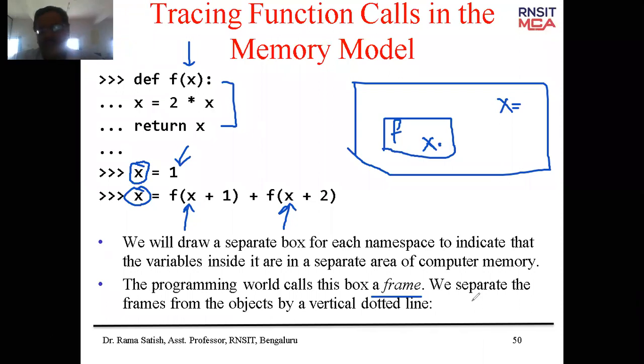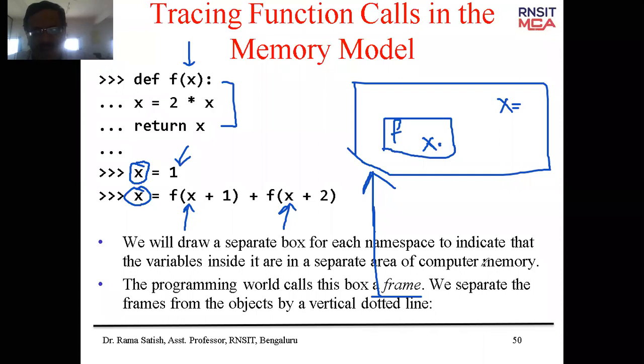You may get a question, or in a viva they may ask you, what is a frame? You are supposed to answer: a frame is the memory representation, or memory indication, of the variables.